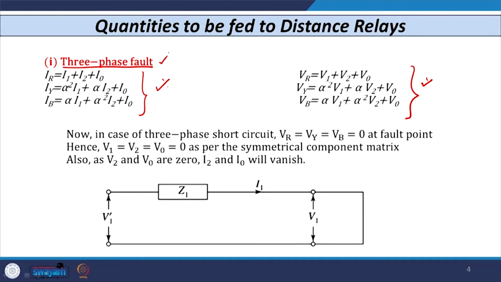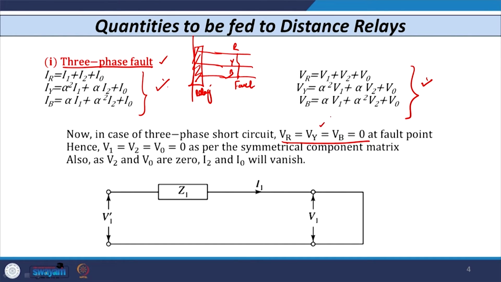Now let us start with the 3 phase fault. Assume 3 conductors R, Y, B, with the relay located on a bus somewhere here, and this is the fault point. Whenever a fault occurs, the 3 voltages of R phase, Y phase and B phase are all 0. So, VR is equal to VY is equal to VB equal to 0 at the fault point.